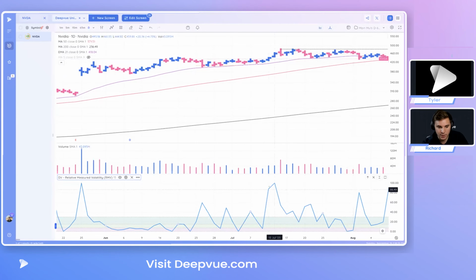Maybe some people will also like to scan for the other end of the spectrum, RMV over 90 or something, and look for those price expansion moves like an earnings gap or significant breakout, something like that. But personally, I'll be focused more on scanning for tight action, because before that you couldn't really scan for VCPs. So I'm really looking forward to this.